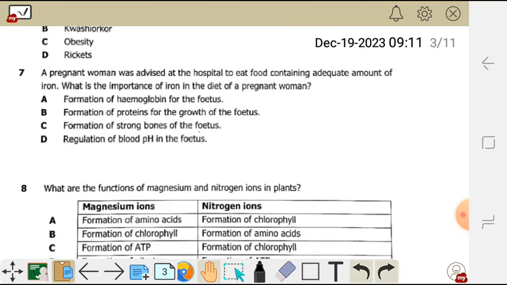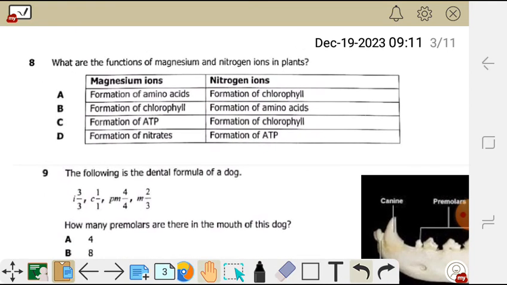Question 8. Question 8 reads, what are the functions of magnesium and nitrogen ions in plants? A. We have magnesium here and nitrogen there.